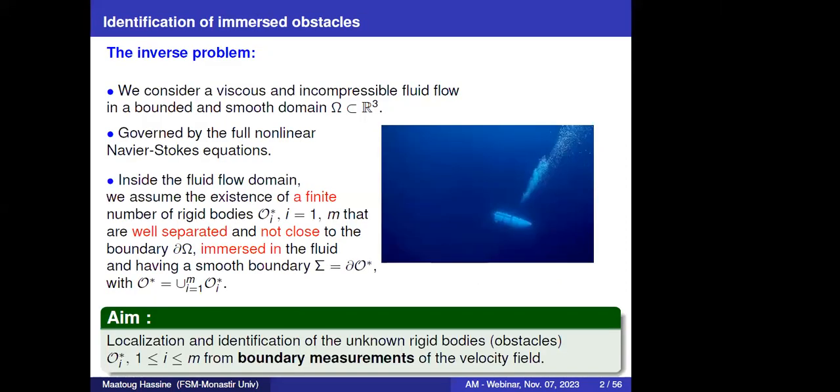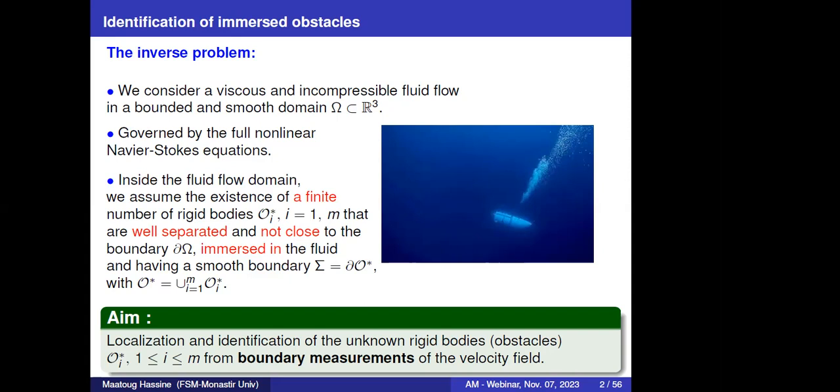Okay, so in this work, we consider a viscous and incompressible fluid flow in a bounded and smooth 3-dimensional domain. We assume that the fluid flow is governed by the full nonlinear Navier-Stokes equations, and we assume that the fluid flow domain contains a finite number of rigid bodies.